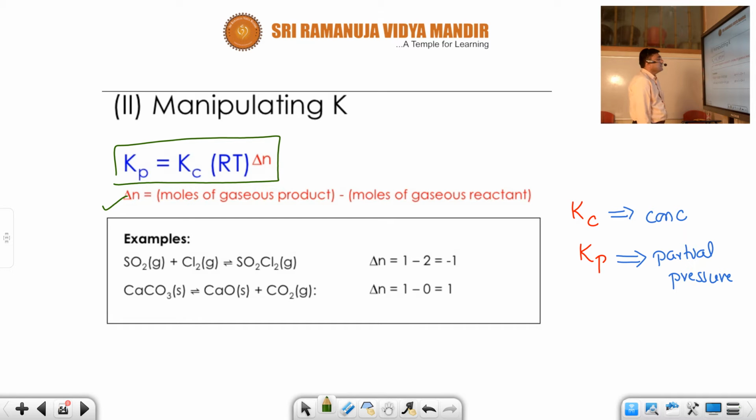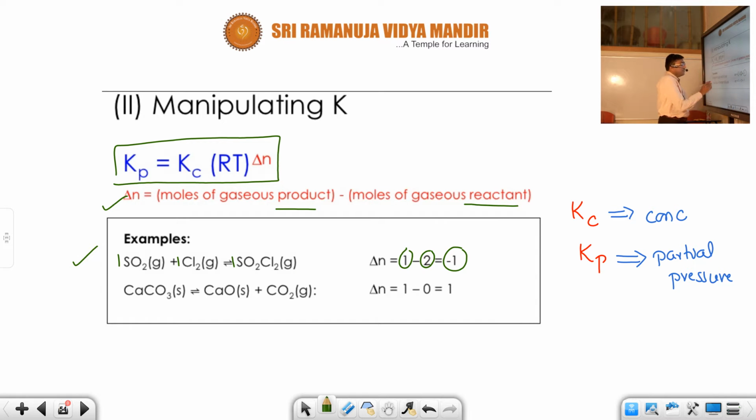Next, students, for example, if you see a reaction between sulfur dioxide and chlorine giving sulfuryl chloride, SO2Cl2, here delta n is 1 minus (1 plus 1), which gives minus 1, the difference in the moles of product and reactant.